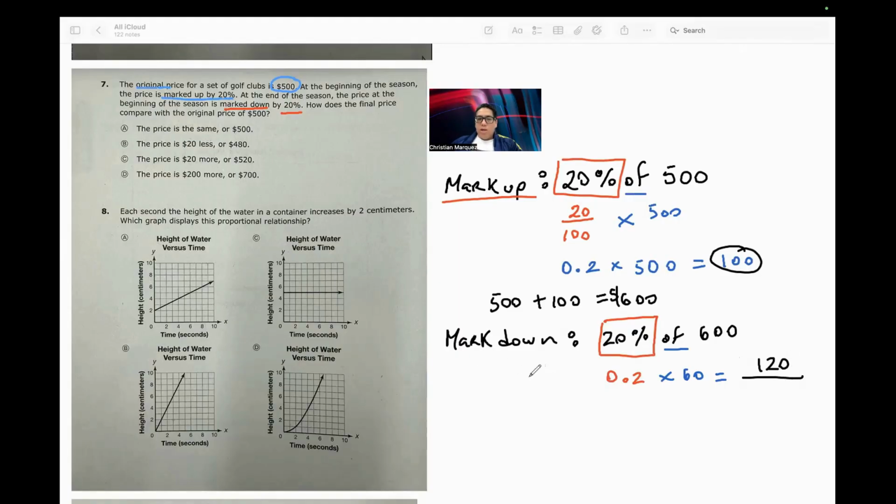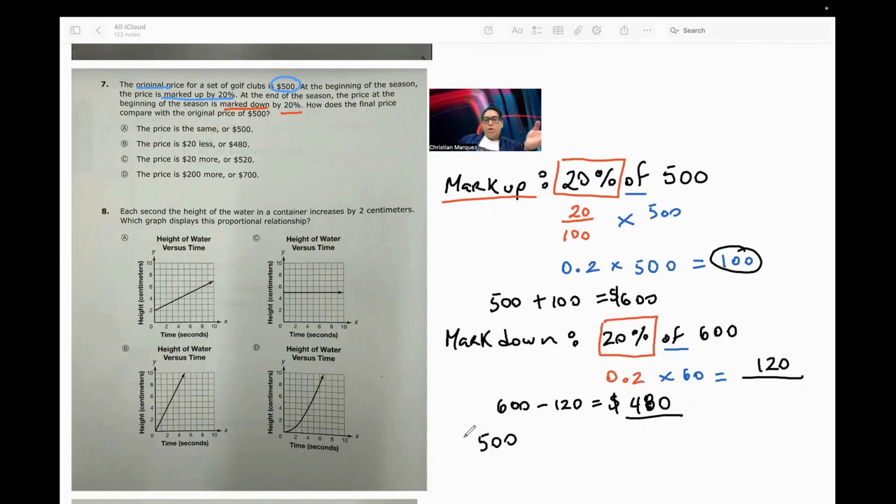So if you're marking down something and that price was 600 and you have to decrease the price because it's marked down, 600 minus $120, you're going to be paying a new price of $480.